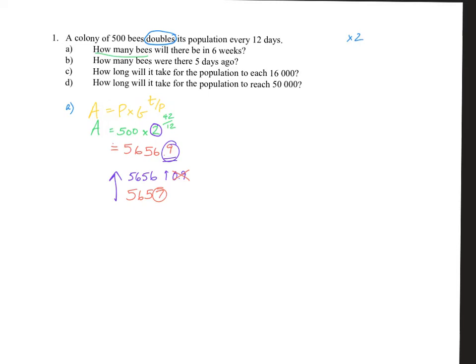And so even though that decimal is really, really big, and if you were to follow your normal rounding rules, you say, well, I have a decimal point that's 5 or greater, so therefore I round up, we would actually be incorrect in this problem. We have to round this down because that 57th bee would not exist. Okay, that's going to give us some stuff to consider as we round.